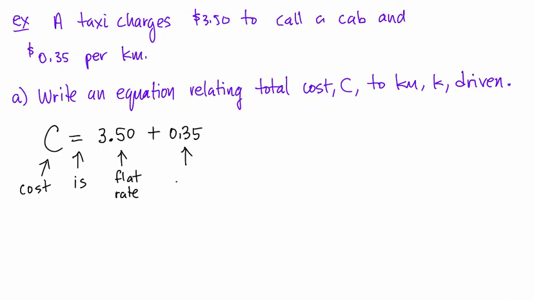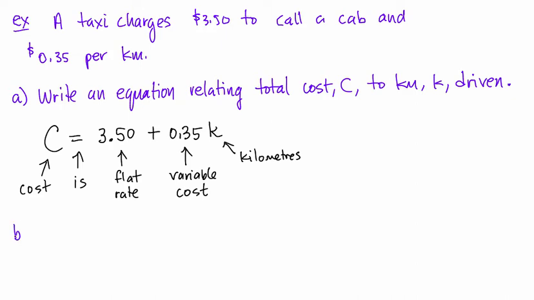So there's your variable cost, and that variable cost depends on some variable, and in this case it's k, which is the kilometers that you drive. So if you go 0 kilometers, you owe $3.50 just for calling the cab. If you go 1 kilometer in the cab, you owe $3.50 plus 35 cents times 1, which is $3.85.